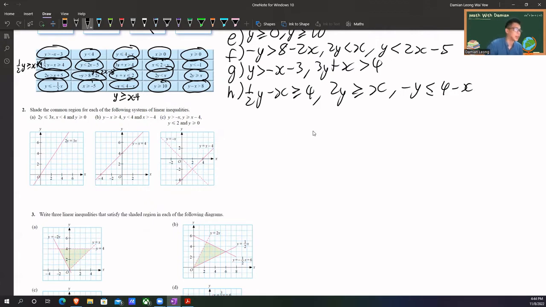Less is below, more is on top. If there's equal, then solid line. No equal, then dotted line. Okay, so I already have this line drawn for us. X less than 4, so draw the line x equals 4. X equals 4 will be a vertical line here. Since there's no equal, let's use a dotted line here.